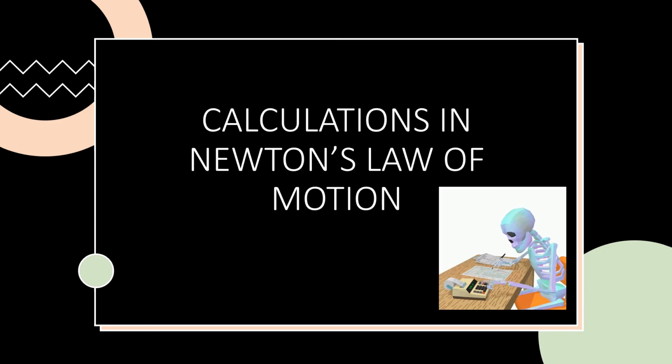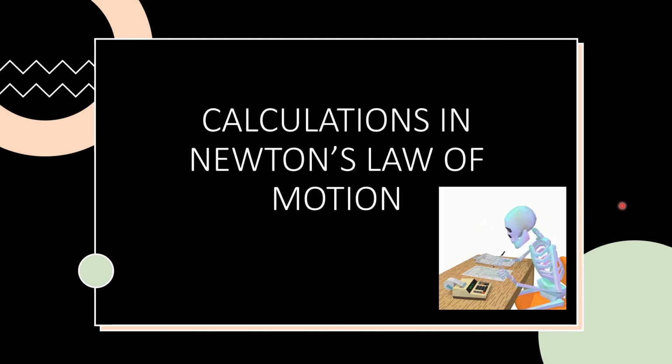Again, let us review. First law says that a body that is at rest will remain at rest, or kung gumagalaw naman, in motion will remain in motion. Kailan lang sila magbabago ng motion? When there is unbalanced force. So first law is also known as law of inertia. Second one is law of acceleration and force, or the second law.